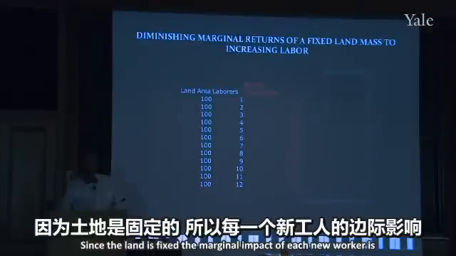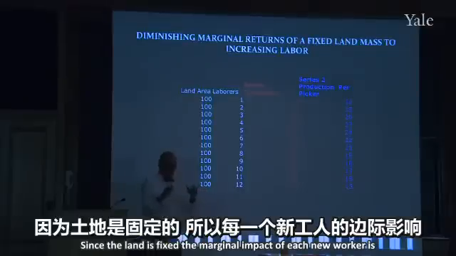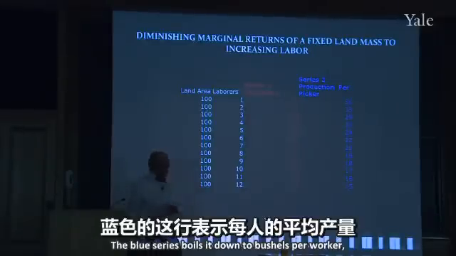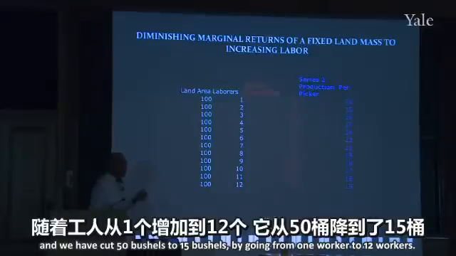So since the land is fixed, the marginal impact of each new worker is a little less than the marginal impact of the worker before. And the blue series boils it down to bushels per worker. And we have cut 50 bushels to 15 bushels by going from 1 worker to 12 workers.